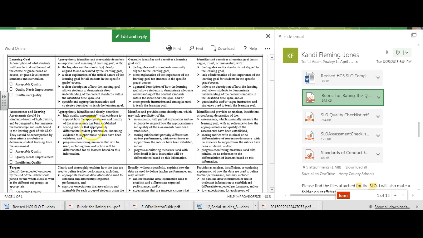Scoring rubrics that appropriately differentiate student performance, including evidence to support these rubrics have been validated, and progress monitoring measures that will be used, including how instruction will be differentiated for all learners based on information. So you have to have a rubric and you have to tell how you're going to continue to make sure students are reaching that goal you set.